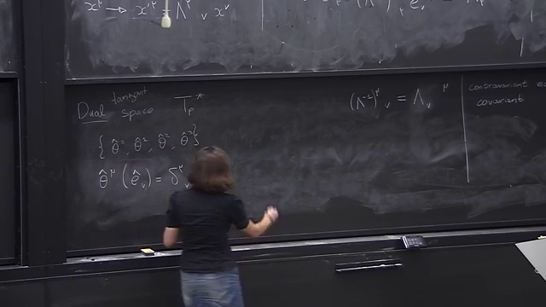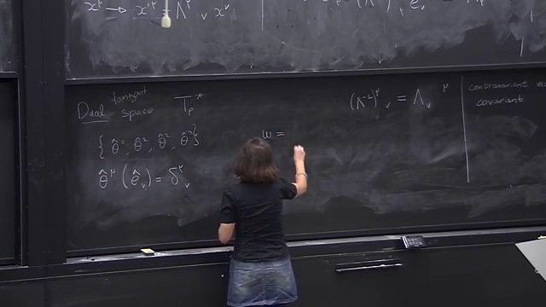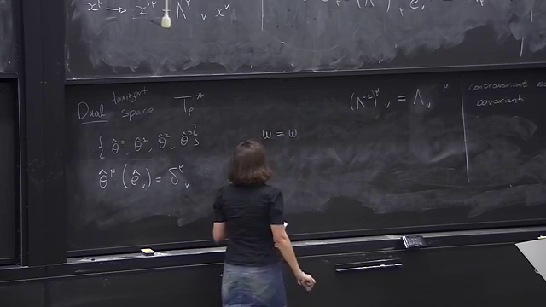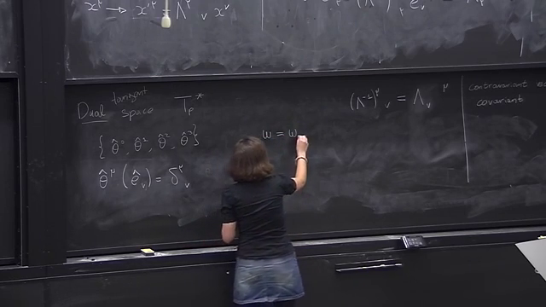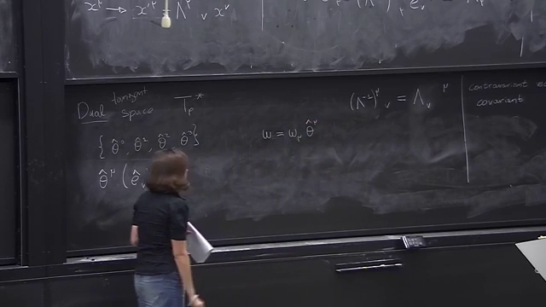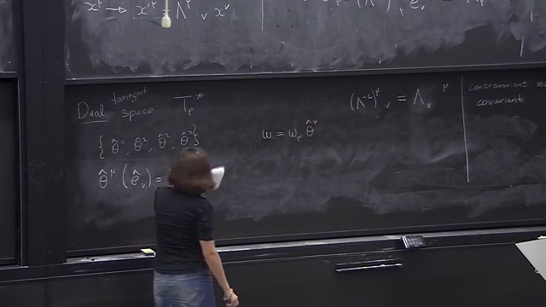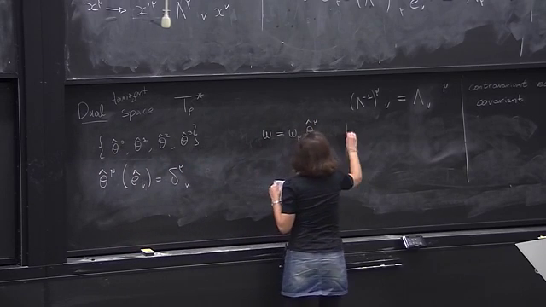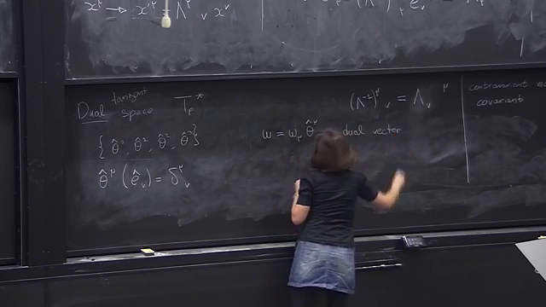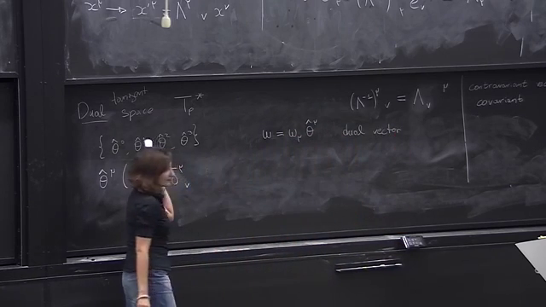And any dual vector, let's call it omega, we should be able to expand it in this basis. And then this thing belongs, if this is a dual vector, it belongs to the dual tangent space.